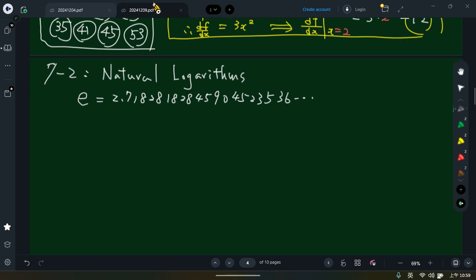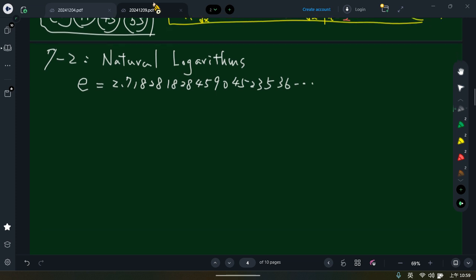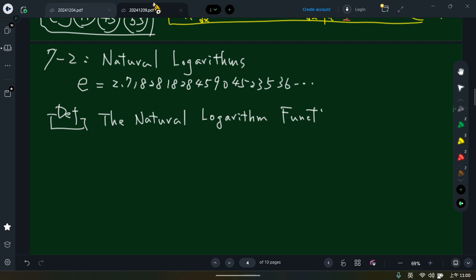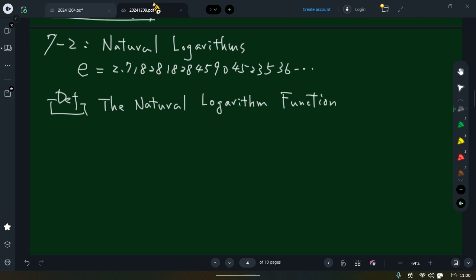So before we get to know this number, we need to give a formal definition for the natural logarithm function. It is defined this way.